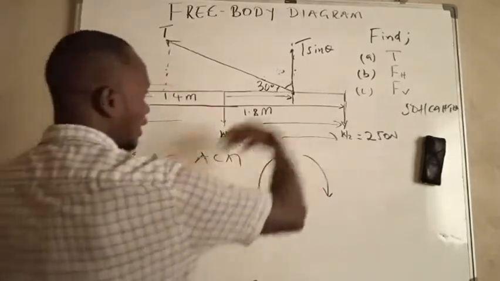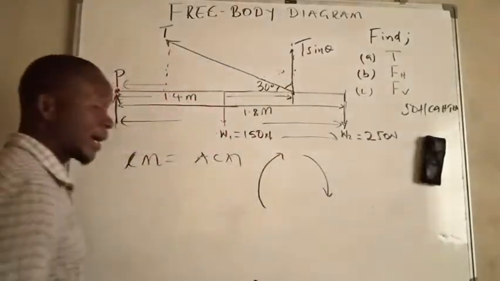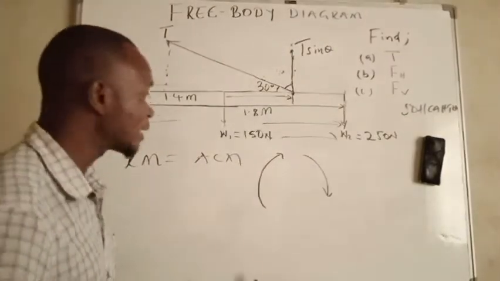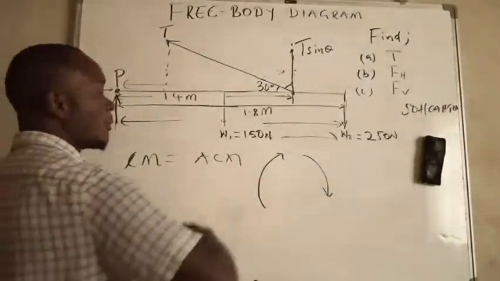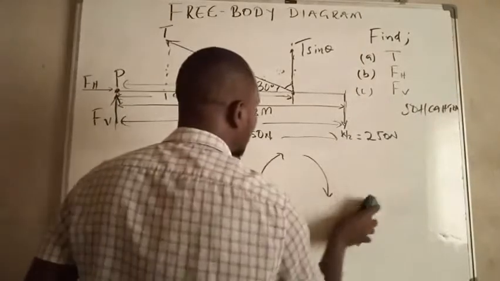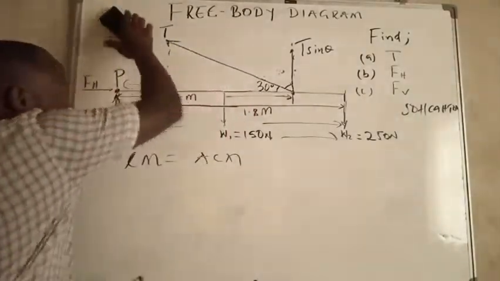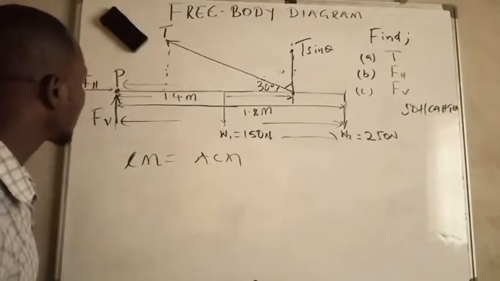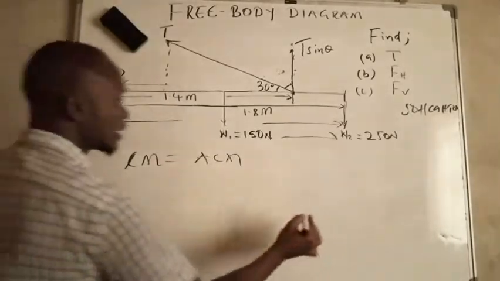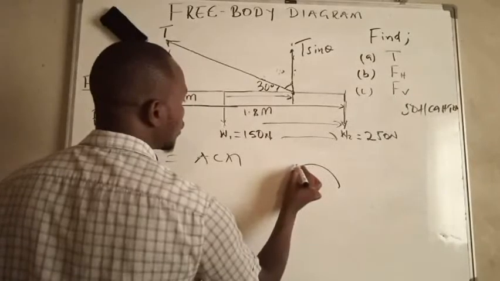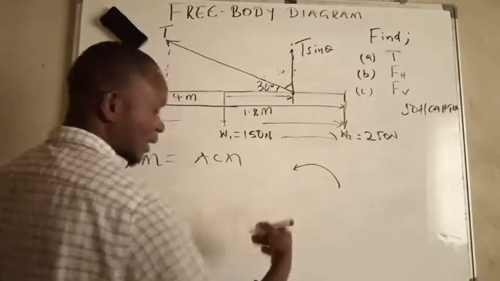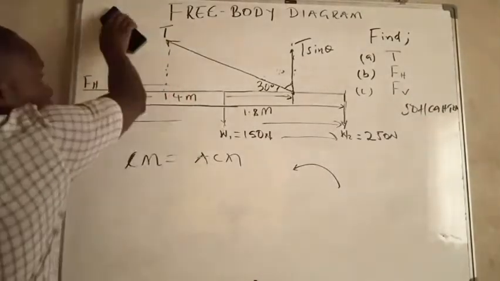Those moments that take the direction of the clock are called the clockwise moments. And the anti-clockwise is simply the opposite, which goes like this, counterclockwise, in other words.